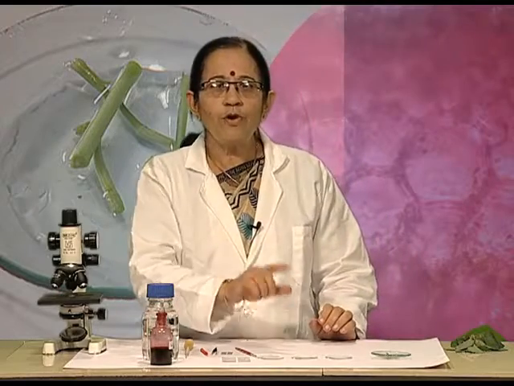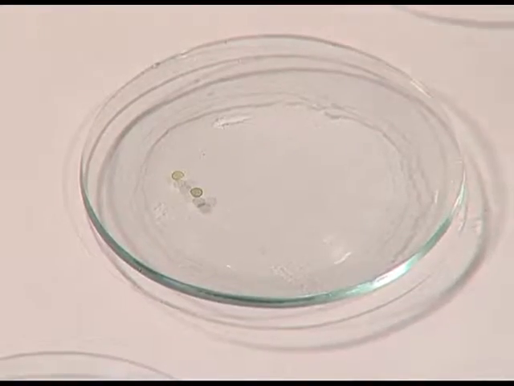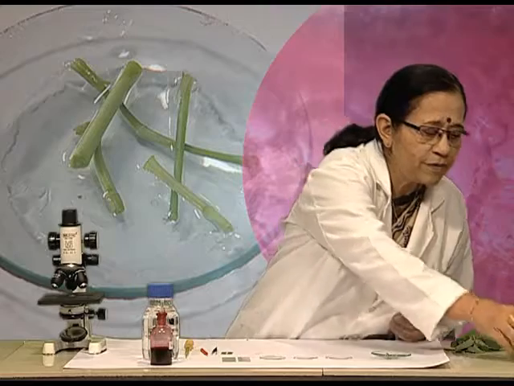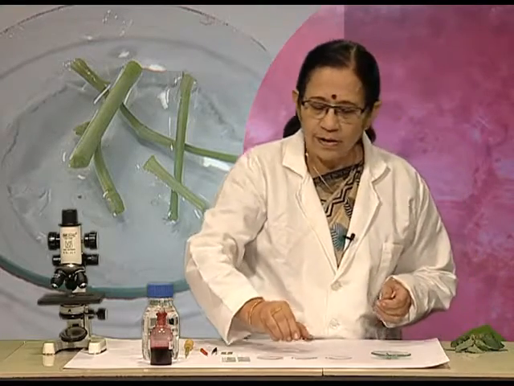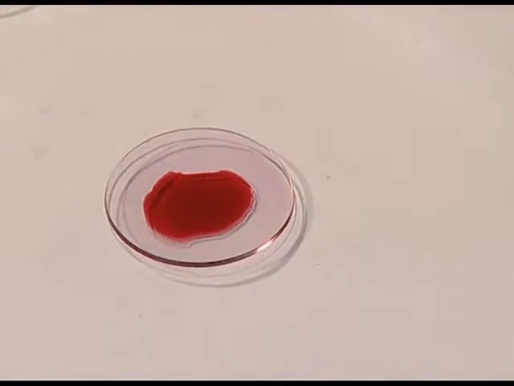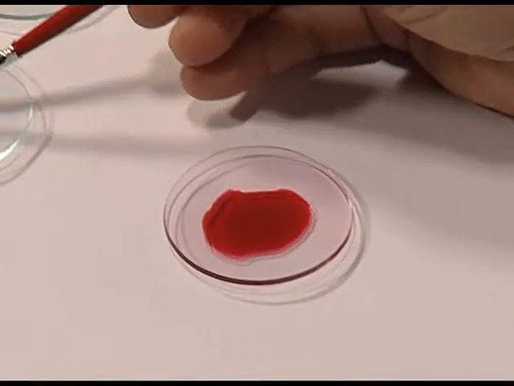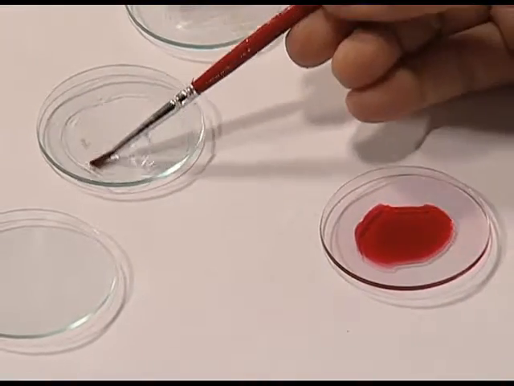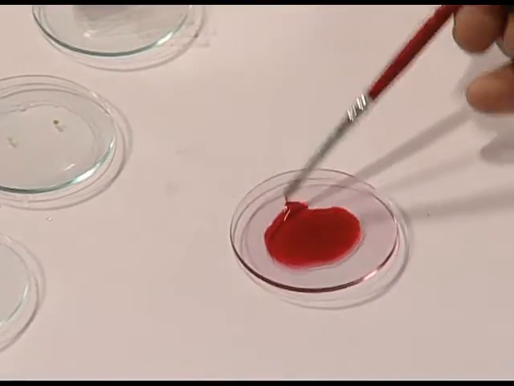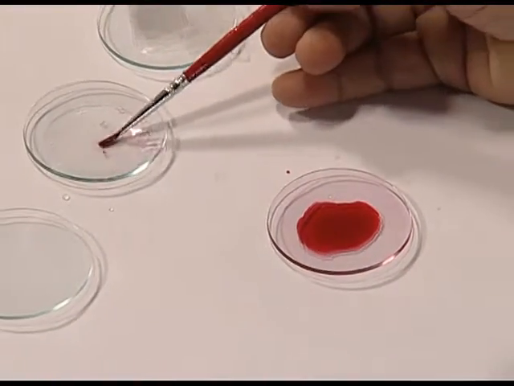Now, we want to stain these sections. For this, we will take safranin stain and dilute it with some water and put these sections in safranin stain.